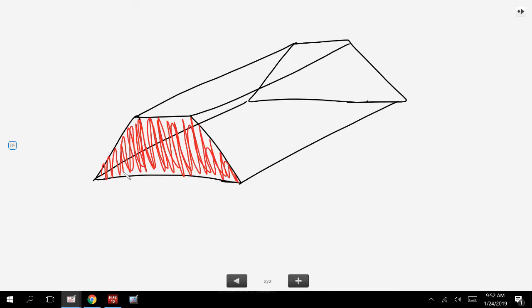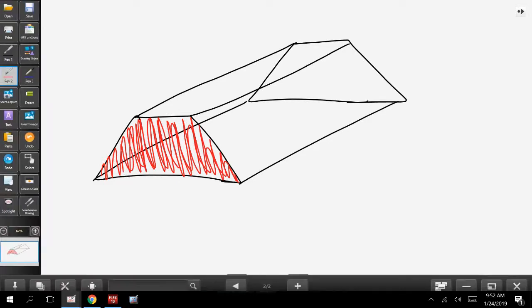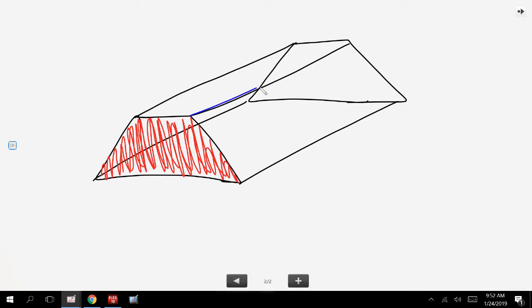Is it laying on that? No, but I know that's the base because it's in the shape of that, right? So I'm going to find the area. And then she said, okay, once I find that area, I can just multiply it times the height of that prism. Is my height going up and down? No. It's going side to side. Is that okay? Am I going from one trapezoid to the other? Yes. All right. Excellent, excellent job.